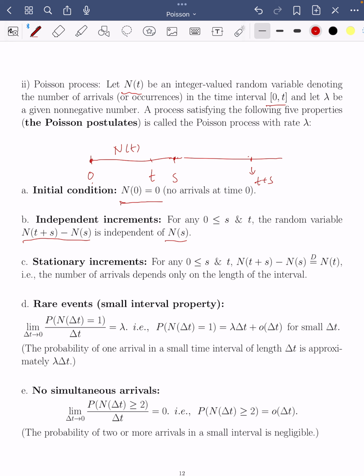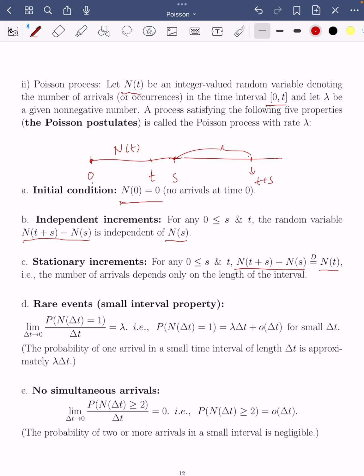We say that the number of arrivals between s and t plus s will have the same distribution as N(t).